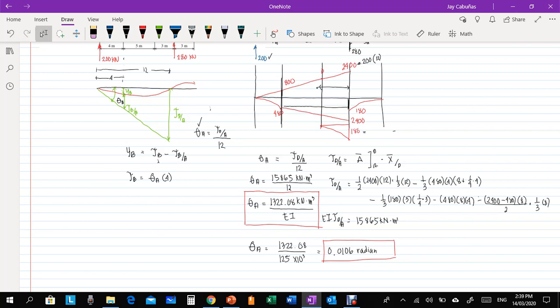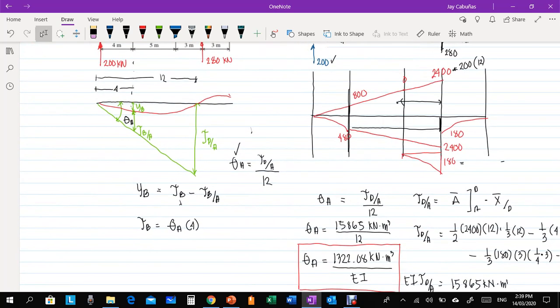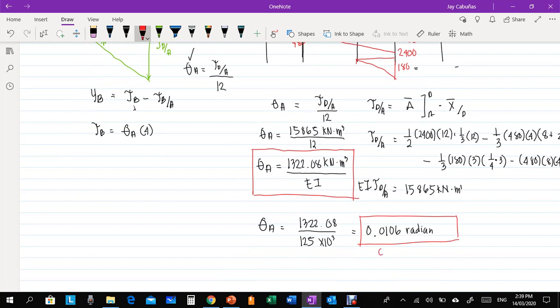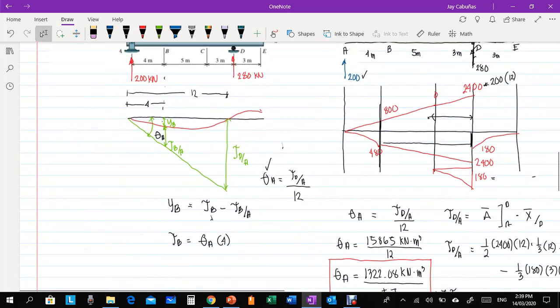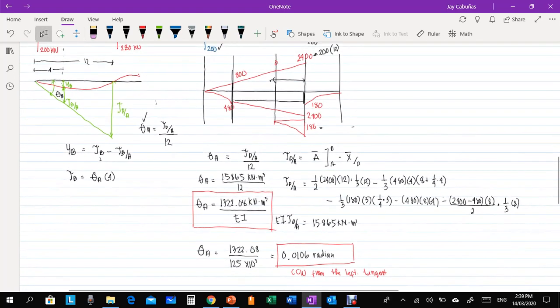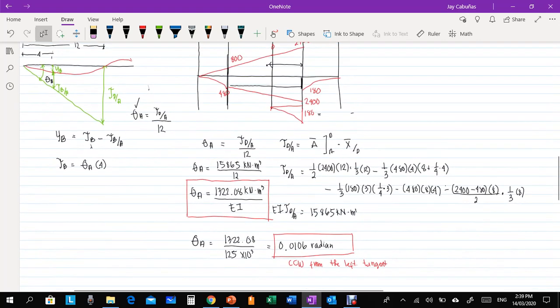But in this case, it is positive, so take note, it is counterclockwise from the left tangent. Counterclockwise from the left tangent, which is the tangent at A. In double integration, a counterclockwise rotation is positive, but in this case we need to refer to the tangent line.